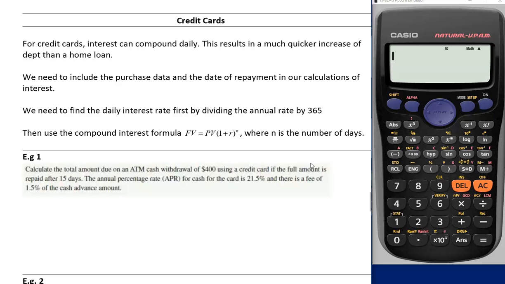Today we're going to be looking at credit cards. Now, what credit cards enable you to do is basically to buy things before and then pay later. This can be very useful, especially if you're running a business and you need to buy supplies and need help with cash flow.